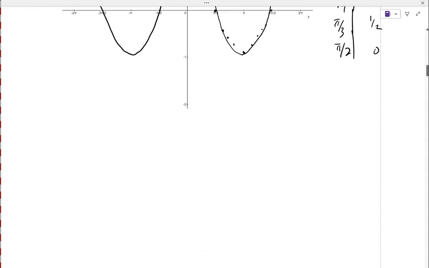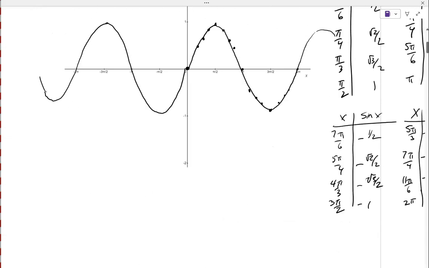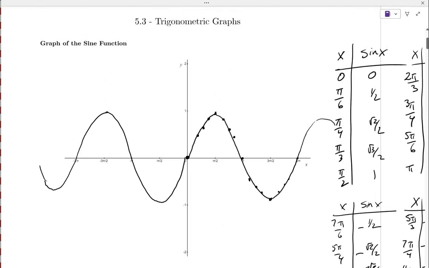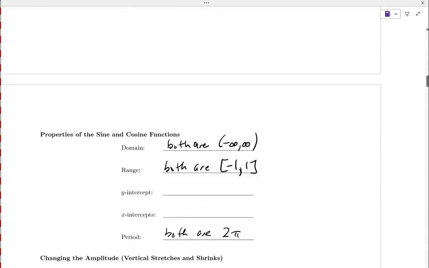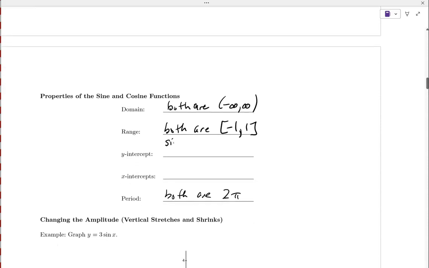So if I go back up here, where's it cross the y-axis? It's here, right? At the origin, right? So the y-intercept here is going to be, for sine, the origin, right? What about for cosine?